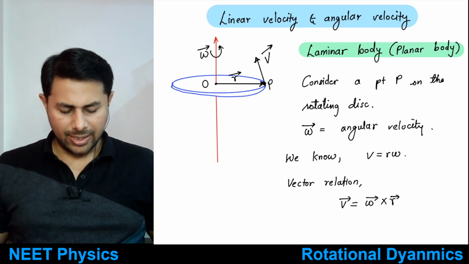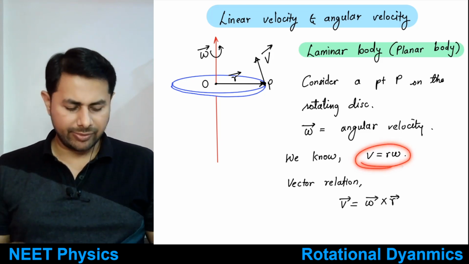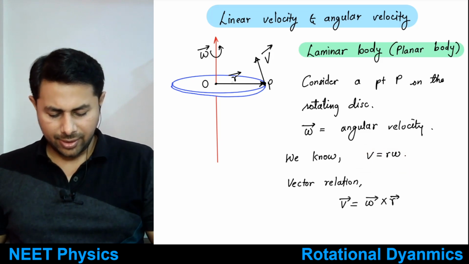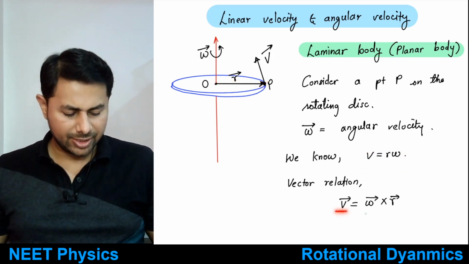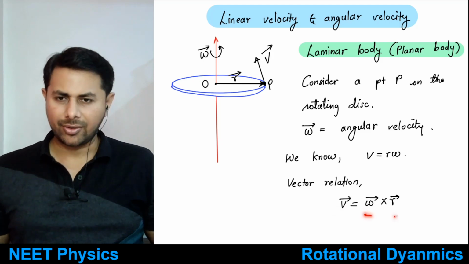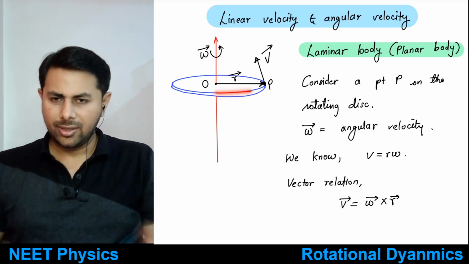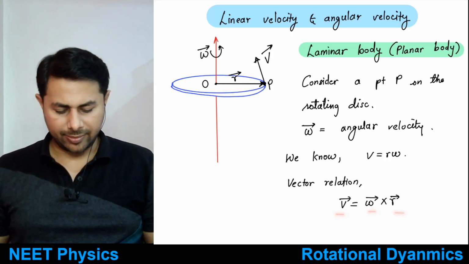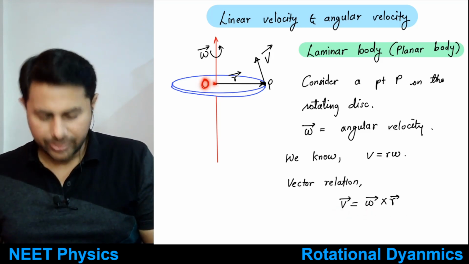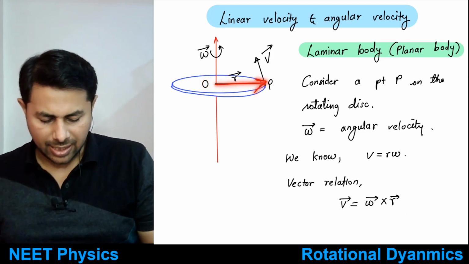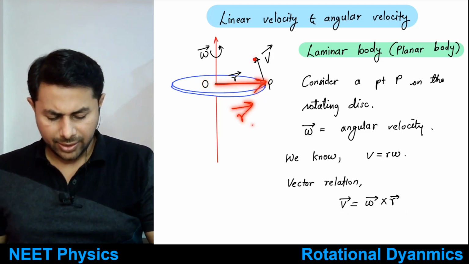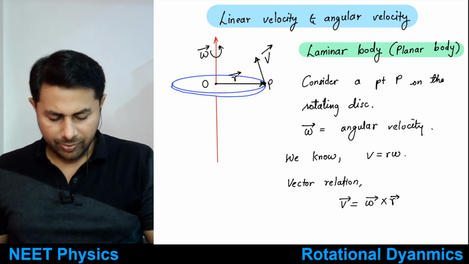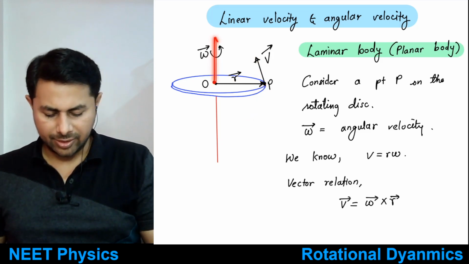We know v equals r times omega from circular motion. The vector relation for this laminar body is v bar equals omega bar cross r bar. Suppose this is the origin, this is vector r bar, and v bar would be tangential at that point, meaning it will be into the plane of the board, if this is vertical and this is horizontal.